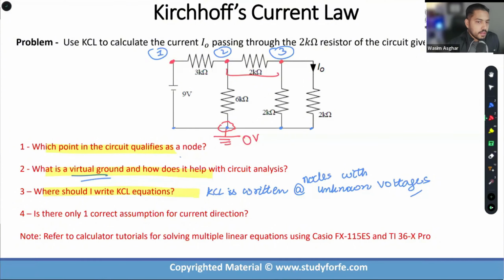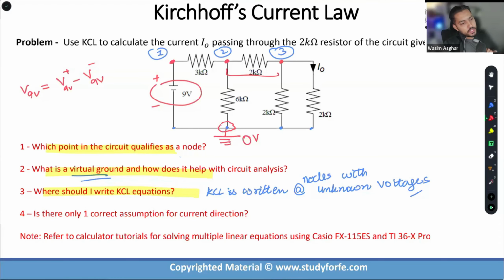Well, let's see. There is a 9-volt battery source over here, right? Which basically means that this is the positive terminal and this is the negative terminal of this 9-volt battery source. So if I write this, 9 volts is equal to the voltage difference between the V positive of the 9 volt and the V negative of the 9 volt.